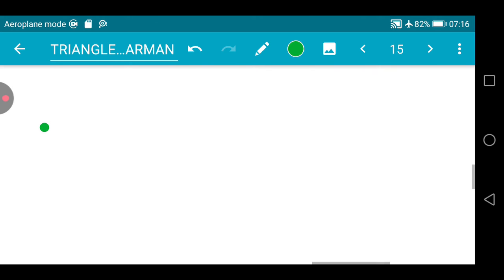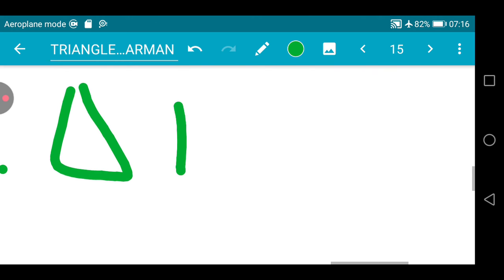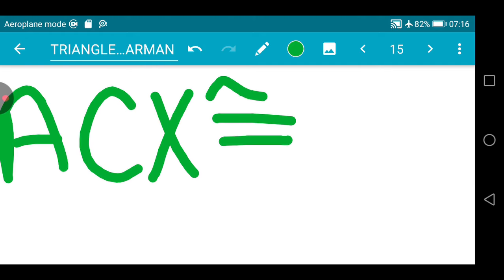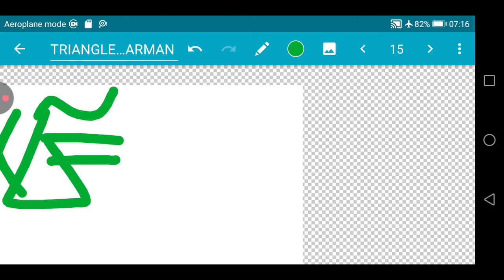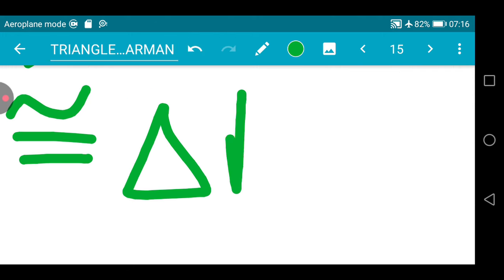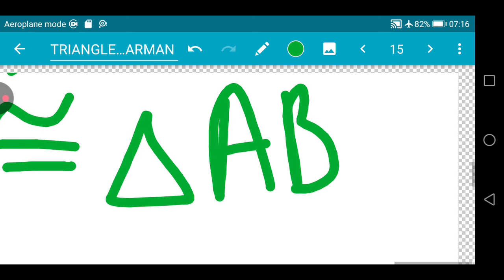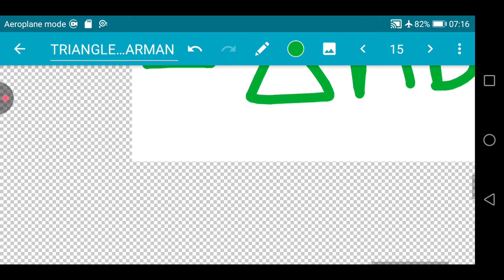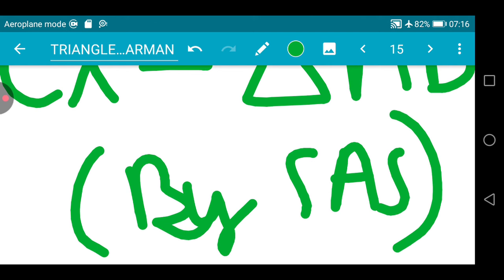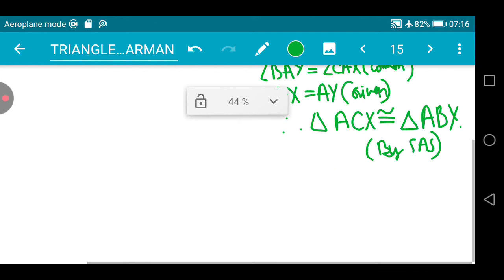Therefore triangle ACX is congruent to triangle ABY by side angle side.